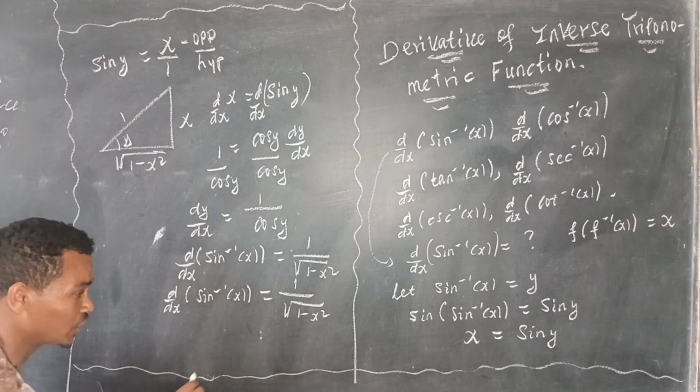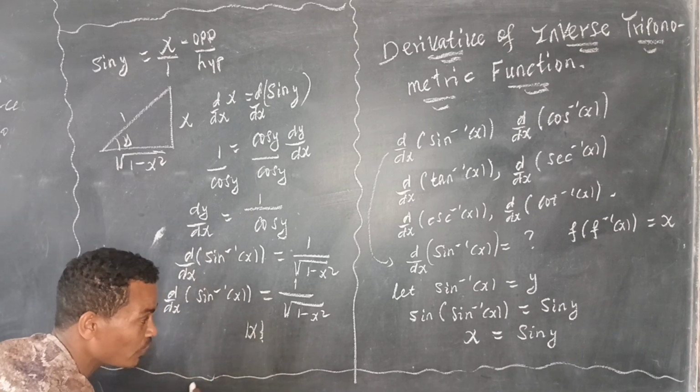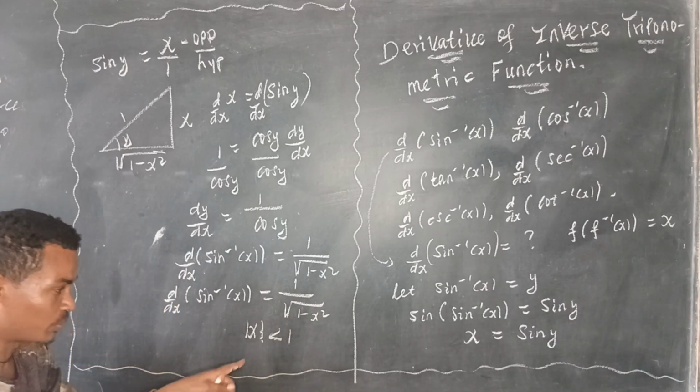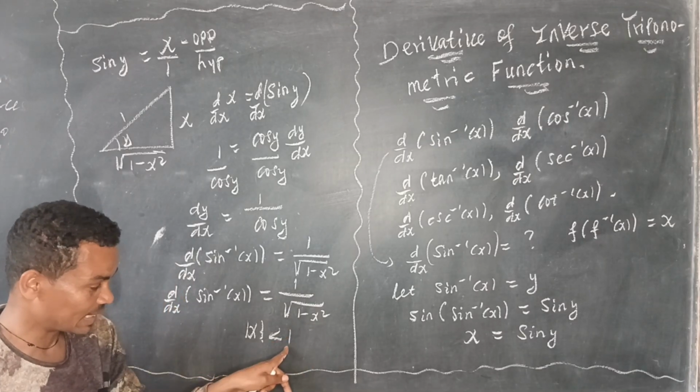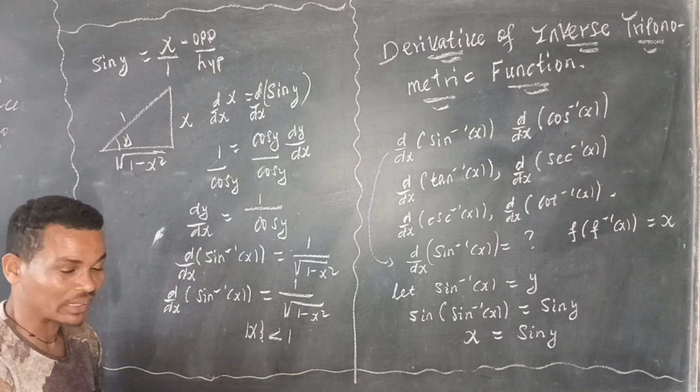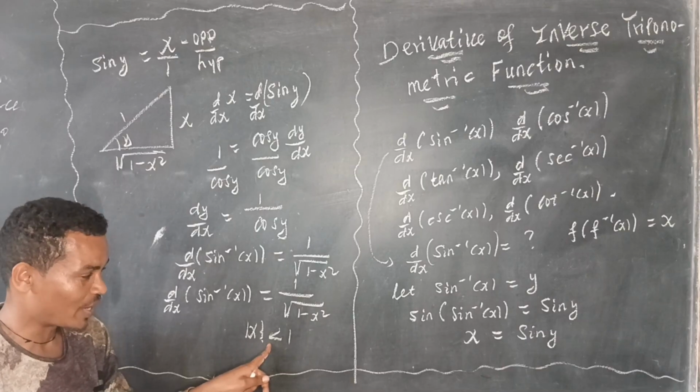In this case, the restriction is that the absolute value of x must be less than 1, that is, minus 1 less than x less than 1.